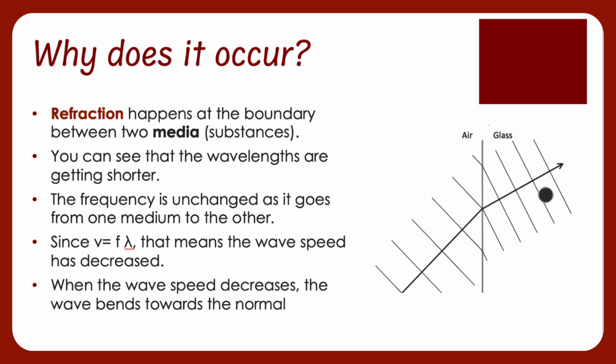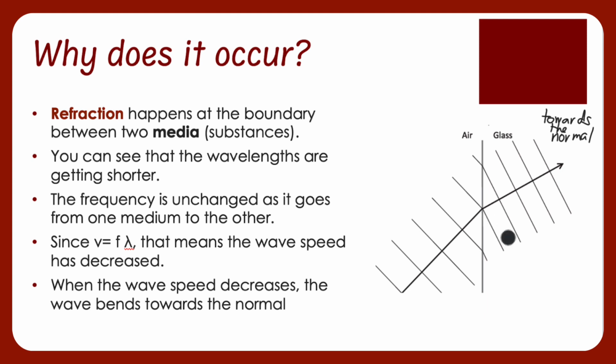Now, we said last time this was bending towards the normal. What really has happened? Well, I like to think of this as this got stuck in the mud. So as my wavefront went forward, this one seems to be lagging behind. Do you see how if it had continued like everything else, it would have been here?